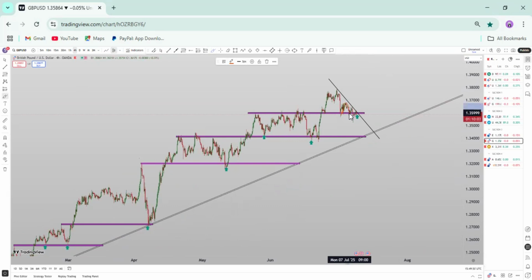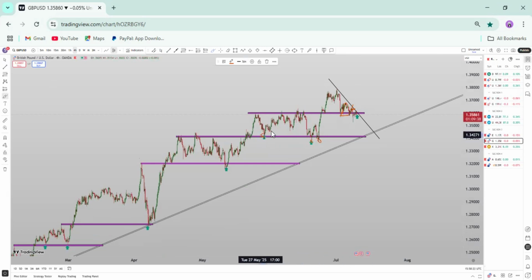Then wait for the market to reverse to give you something like a double bottom. Then on that double bottom, start looking for an entry to buy. GBP USD always reverses and always gives you something like a double bottom. If you can see here, we have here 1 and 2.